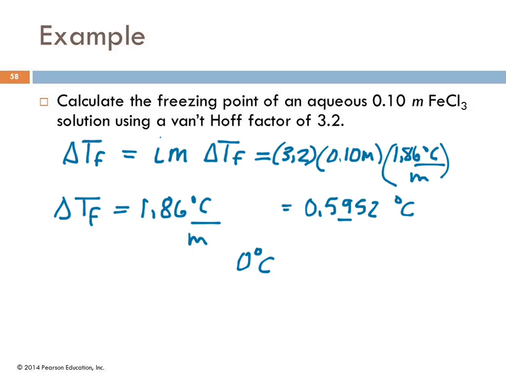But does the freezing point go up or down? It goes down because they go away from each other. Boiling point goes up, freezing point goes down. So we're going to take 0 minus that, and we're going to end up with our freezing point of minus 0.60 degrees Celsius, rounding to 0.60.